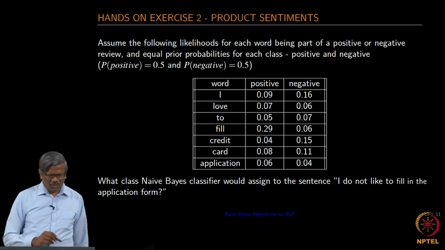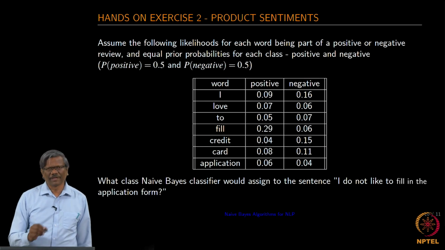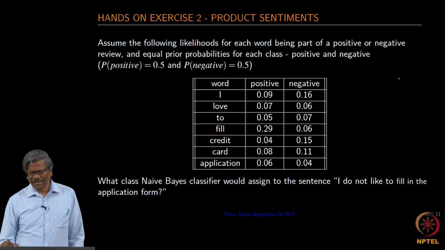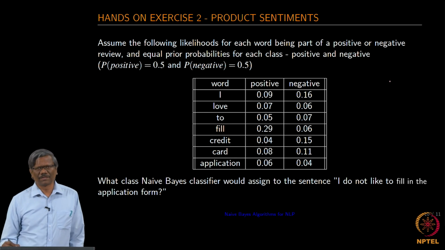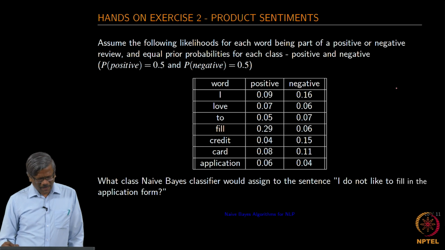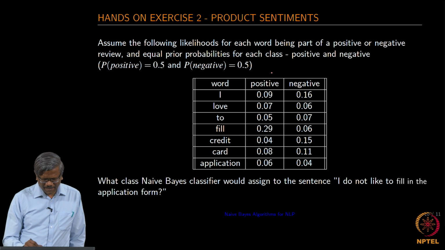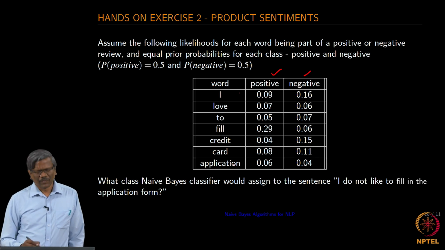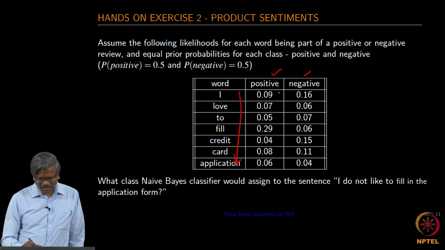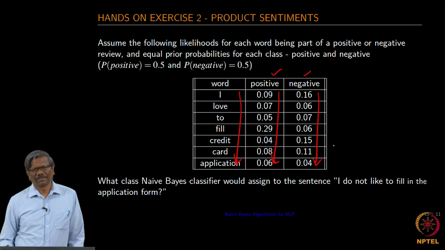Okay. So there is one more problem also that I have given. In this case, again, it's a sentiment analysis, a positive or a negative review. So, again to make your life easier, I have given 2 classes and the vocabulary and the values corresponding to each class.